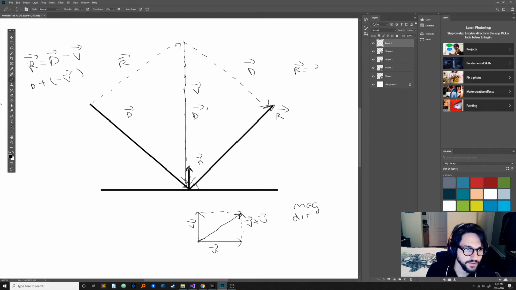D prime is just going to be the projection of D onto the normal vector. The projection formula of D onto N is just going to be N dot D, all over N dot N, which is the magnitude of N squared, multiplied by N. This will give us a scalar, and when we multiply a scalar by a vector, we get a vector.